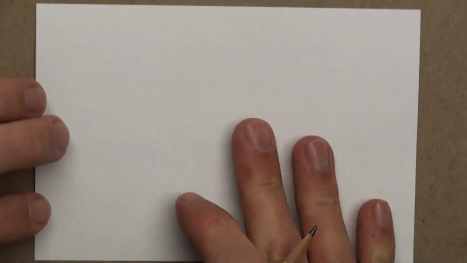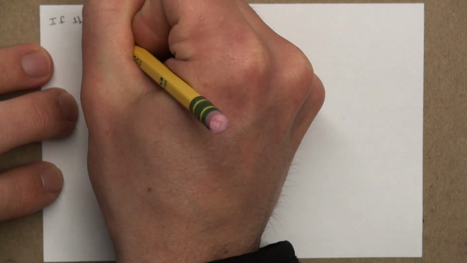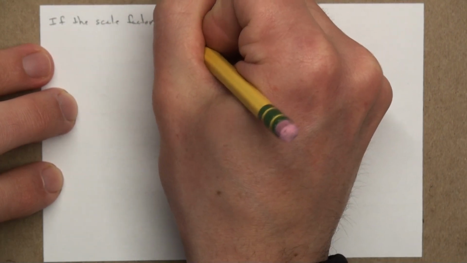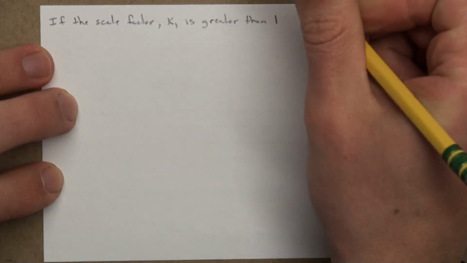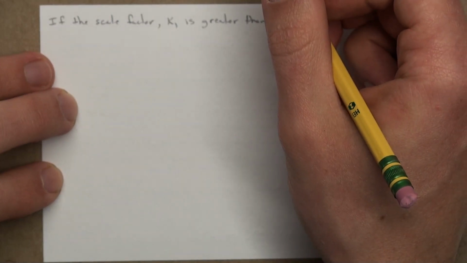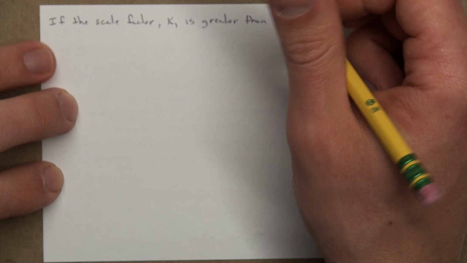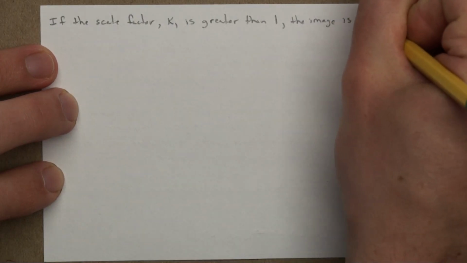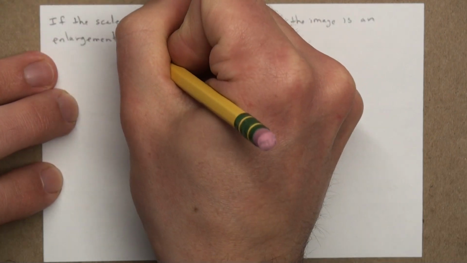Let's say on the back, let's put a couple more things. If the scale factor k is greater than 1, the image is an enlargement, or in other words, a stretch.